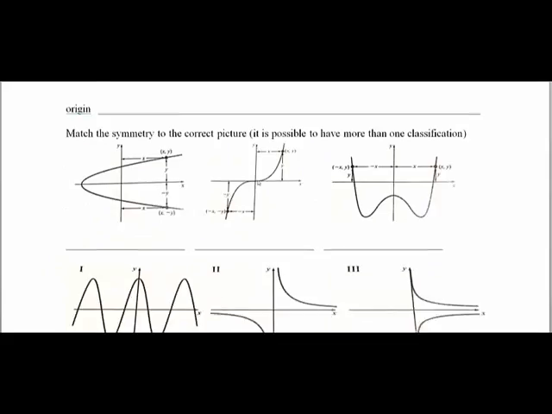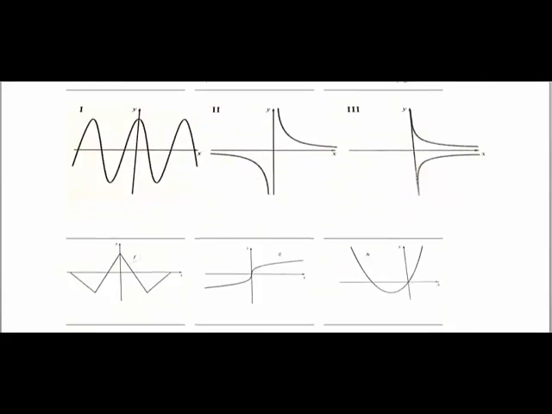Now if I look at some pictures here, let's call these pictures, even though this is Roman numerically labeled 1, 2, and 3, let's call this picture 4, 5, and 6. And now I'd like you to try to guess the symmetry. Does this have x-axis, y-axis, origin symmetry, or neither?